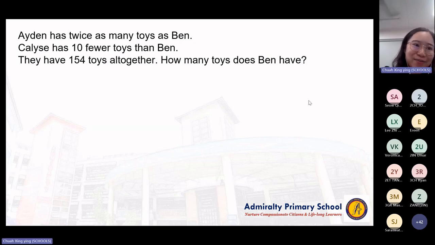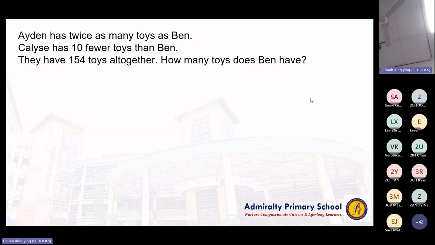So let's look at the first question. Aiden has twice as many toys as Ben. Kelly has 10 fewer toys than Ben. They have 154 toys altogether. How many toys does Ben have?